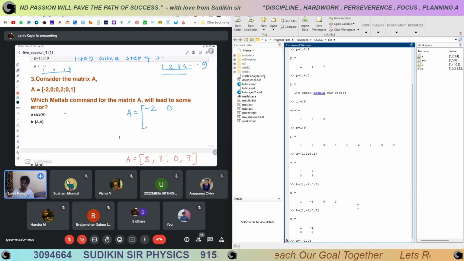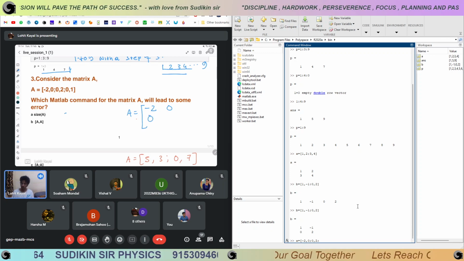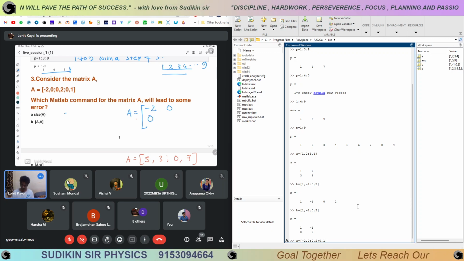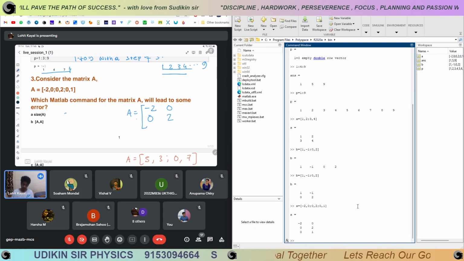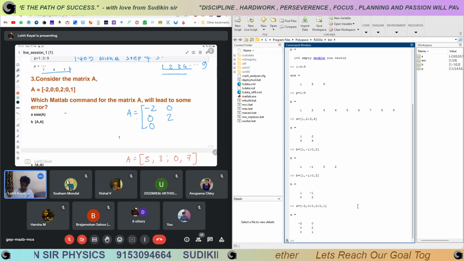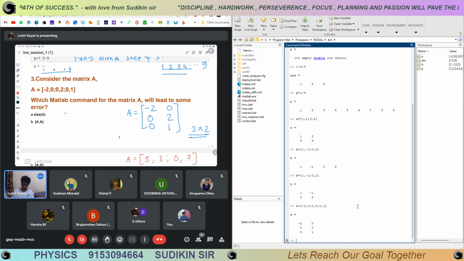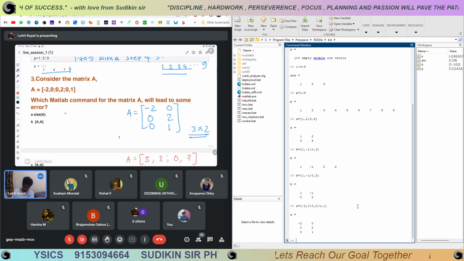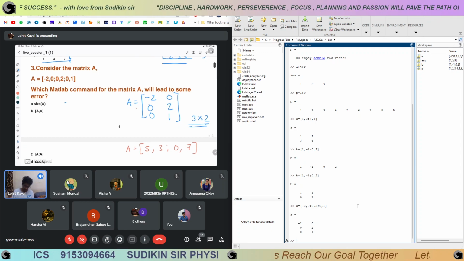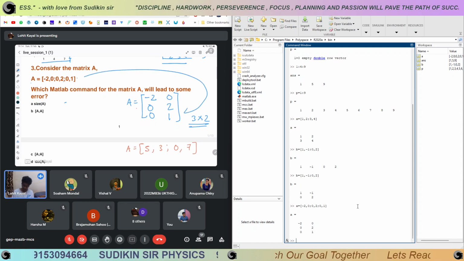Then colon means a new row, element will be 0. Then again comma means a new column, 2. Then again colon, a new row, 0, and a comma, that means a new column, 1. So this is a 3 cross 2 matrix, right? I hope you have understood how I am going from here to here.